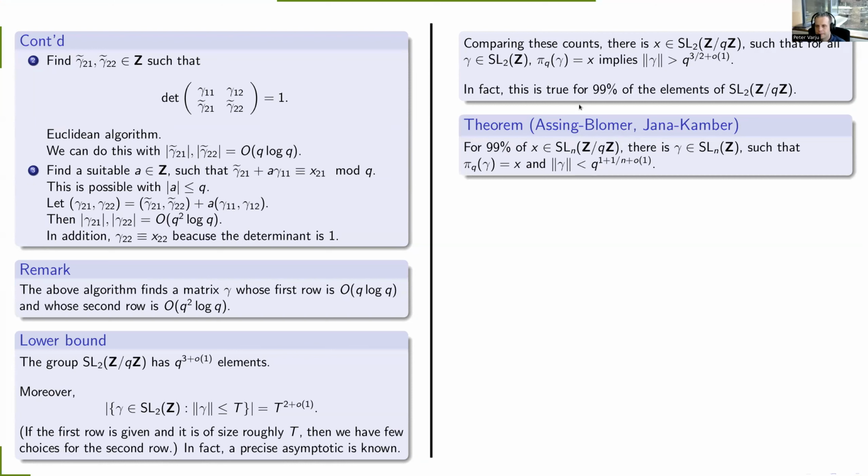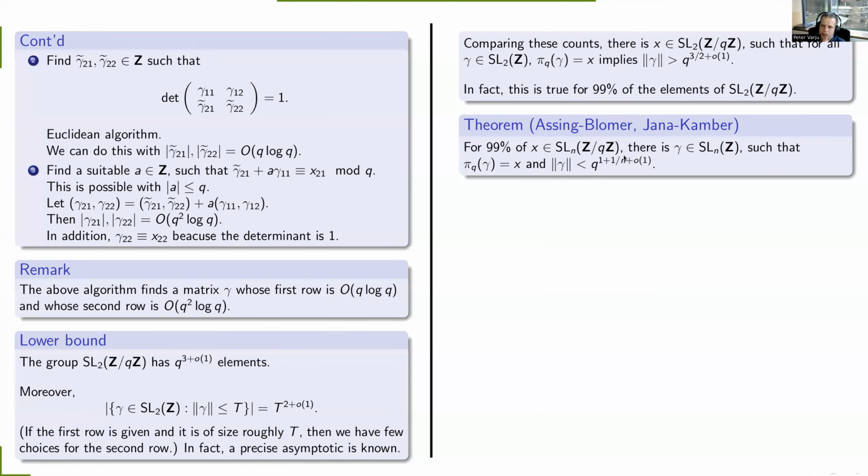Okay, now in the other direction, there is a result by Assing, Blomer, and Yamamoto, which says the following, that for 99% of the elements in SLN(Z mod QZ), the best lift in SLN(Z) will be of size q to the 1 plus 1 over n.